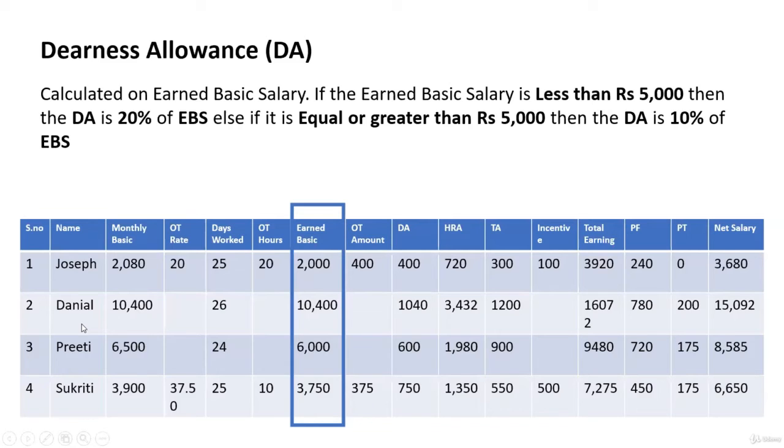So over here, if the salary is below 5,000 rupees, then the earned DA will come to 400 rupees, that is 20% of their earned basic salary. And if the earned basic salary is more than 5,000 rupees, then the DA is calculated at 10% of their earned basic salary. And likewise, we are calculating the DA amount for Preeti and Sukriti as well.